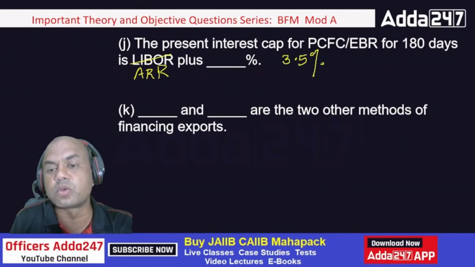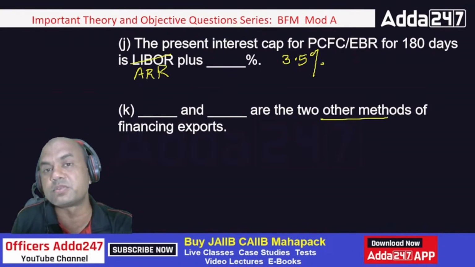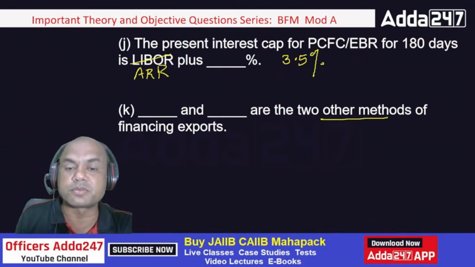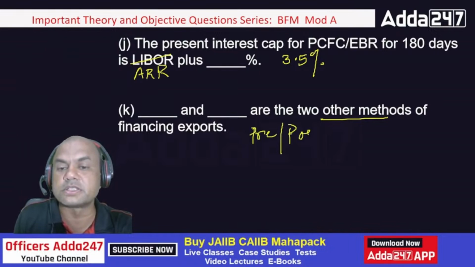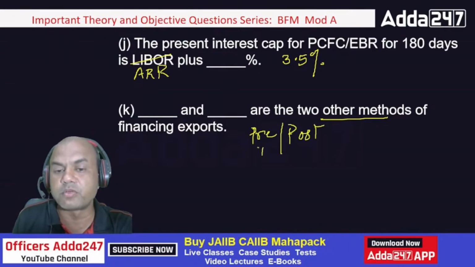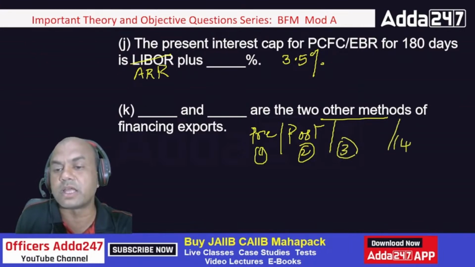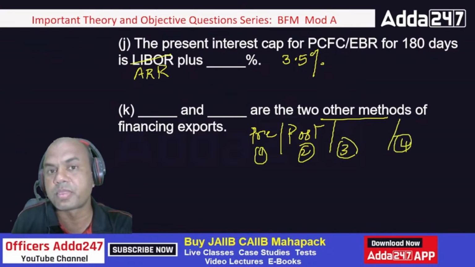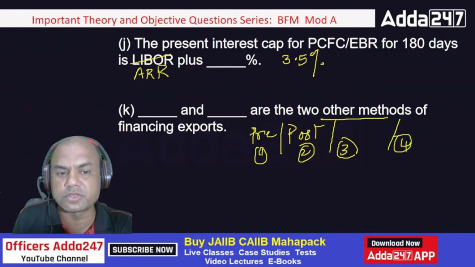Dash and dash are two other methods of financing exports. Which are the first methods then? The first methods are pre and post shipment, 1 and 2. And now they are talking of 3 and 4. What are these two methods? I'll write it over here because many of us don't know actually. It's factoring.